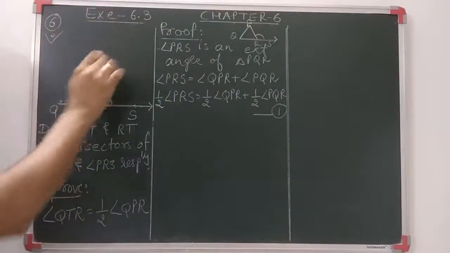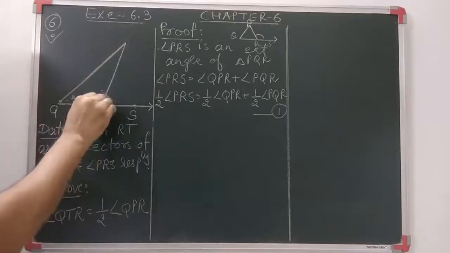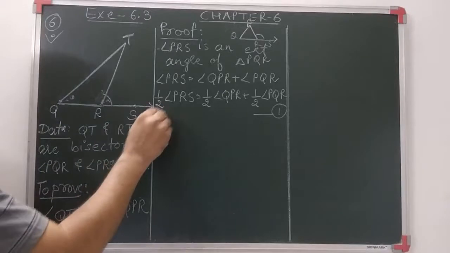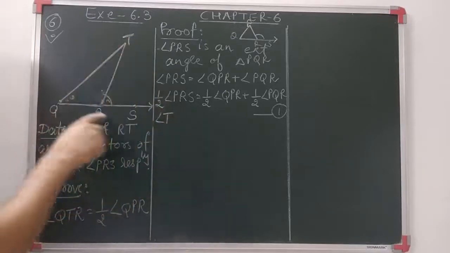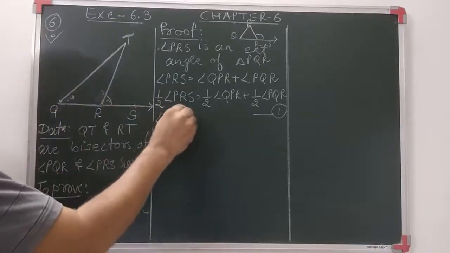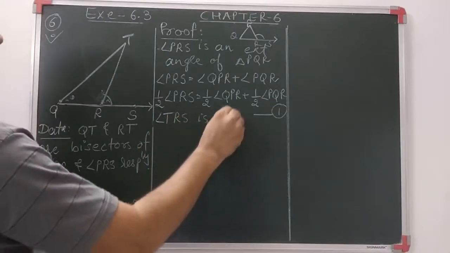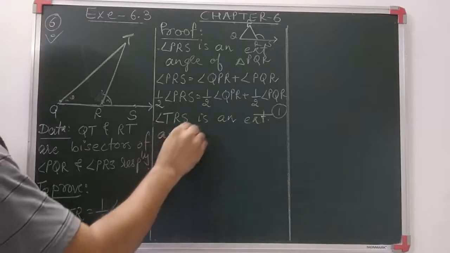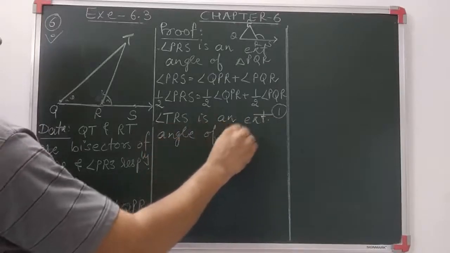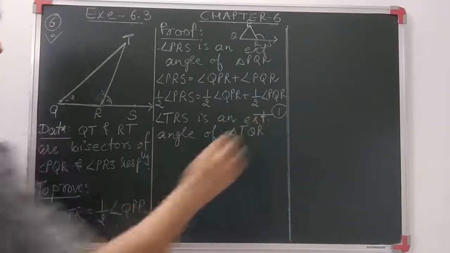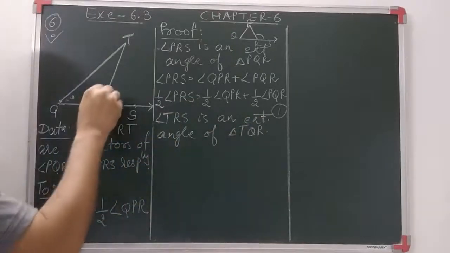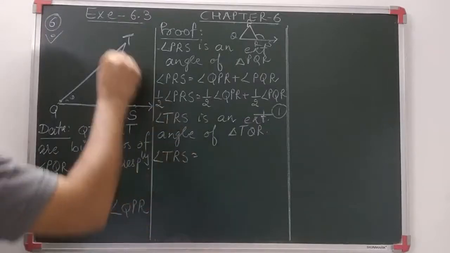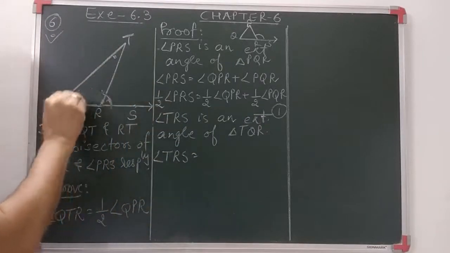We'll come to the diagram again. This is the point T. So we can see that for triangle TQR, TRS is an exterior angle. We'll use the same thing: TRS, the measure of an exterior angle, is equal to the sum of its interior opposite angles.